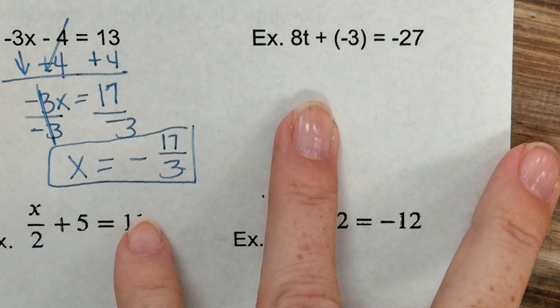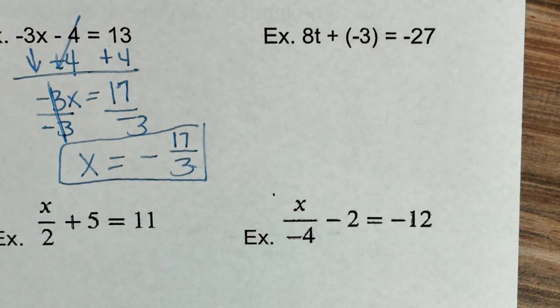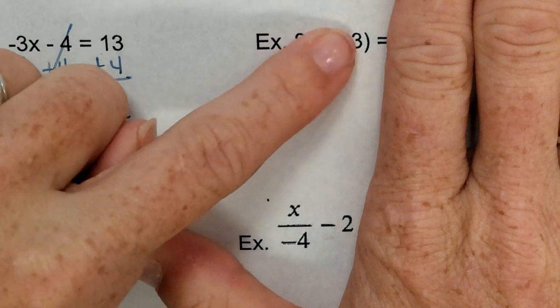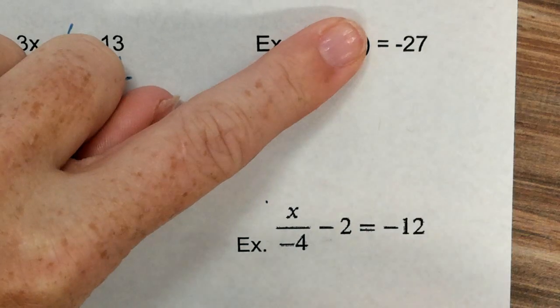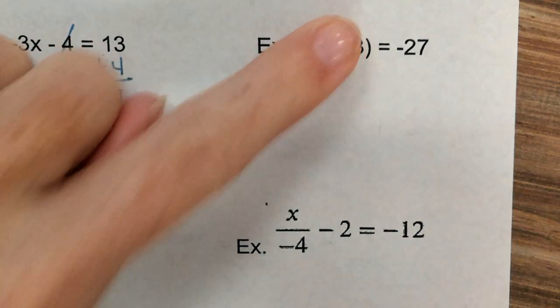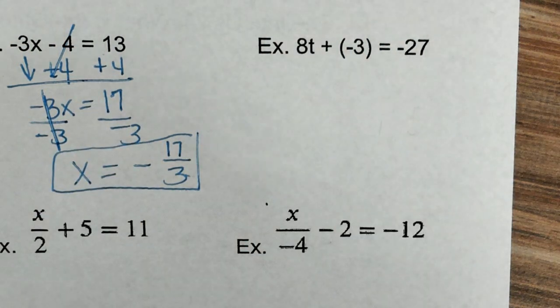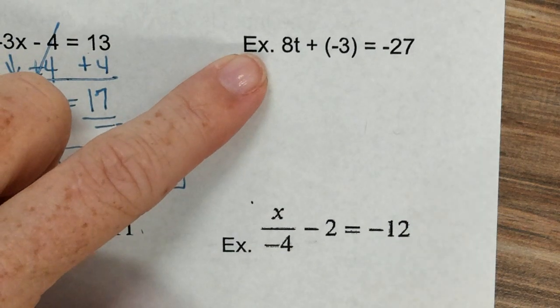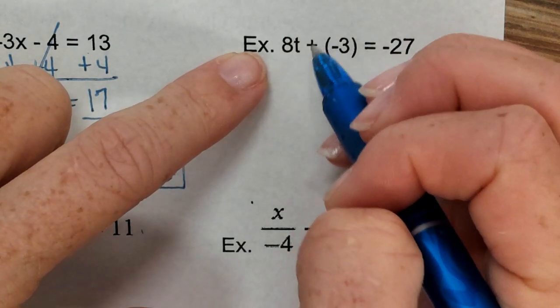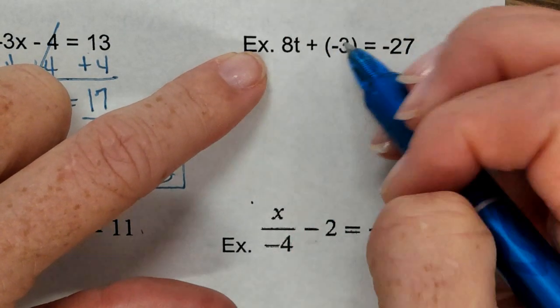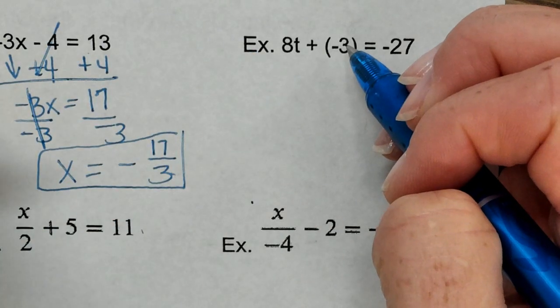This is a good example of what I was saying. All right, so first, are there any like terms on the left? Nope. On the right? My next thing, I need to get rid of the constant. Which one's the constant, 8 or negative 3? So I need to get rid of it. Now, I have a lot of students that say, but Ms. Castro, we're going to do the inverse of plus. Okay, but would that zero out a negative 3?